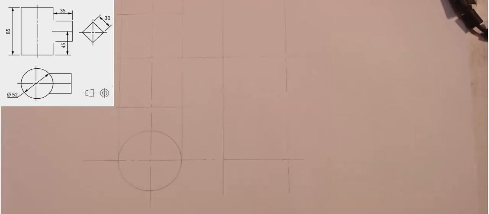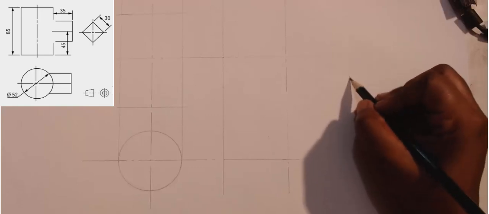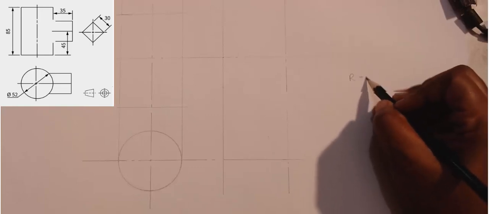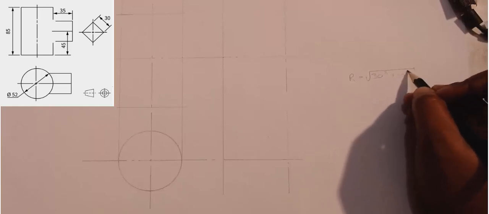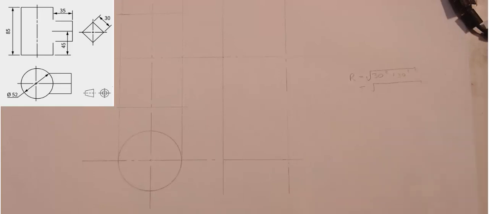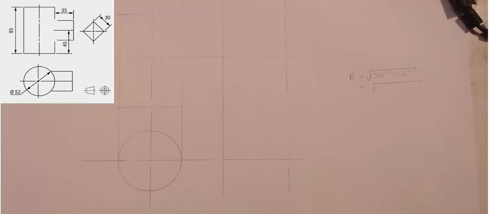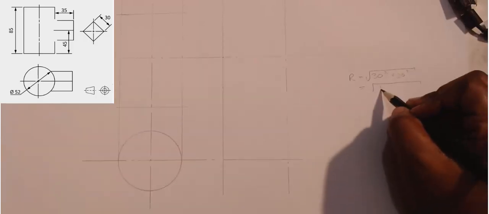Right. Now let's quickly calculate the radius and the diameter, because this is a square. Now the side, it is 30. So we're going to use the Pythagoras, where we say r equals the square root of 30 to the power of 2 plus 30 to the power of 2. Now let's see. 30 to the power of 2 plus 30 to the power of 2, it's 1,800 there.